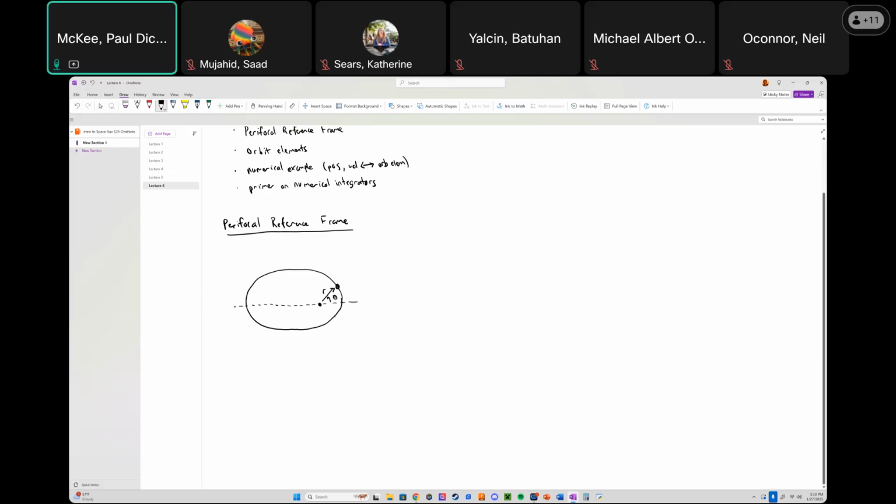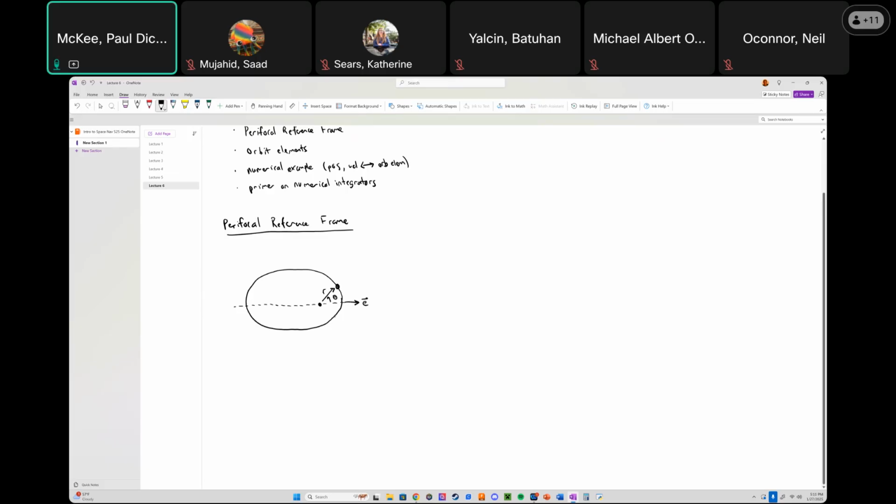Now, we've said before that this vector, the vector that points through this point of closest approach, is the eccentricity vector, e. So we're familiar with that. Now also, and I'm not going to draw it, but coming out of the page is the specific angular momentum vector, h. h always points in the direction that is normal to the orbit plane. So that would be coming out of the page as drawn.